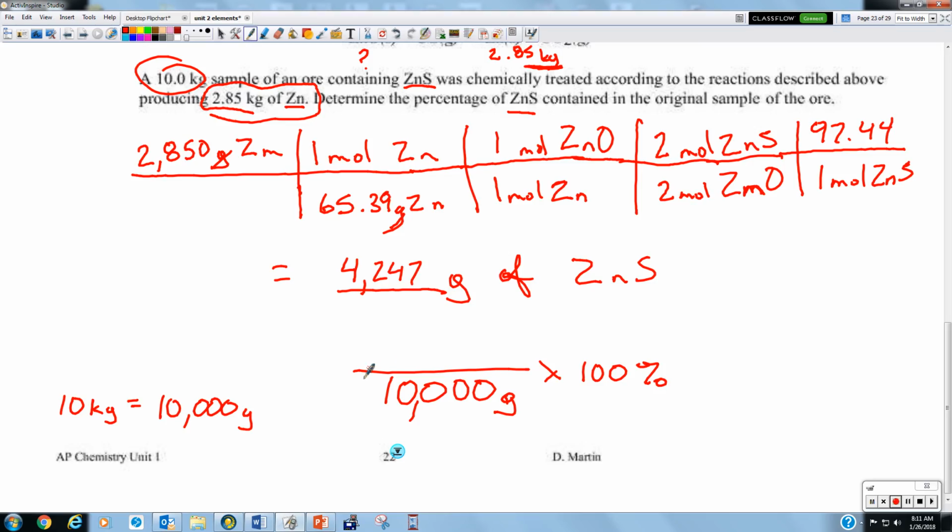So what you're going to do there is compare this number to this number. We're basically just trying to find the percent composition of zinc sulfide in the original ore. That gives us a percentage of like 42.5, something like that. Check my math on that.